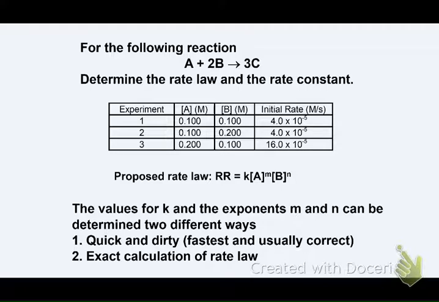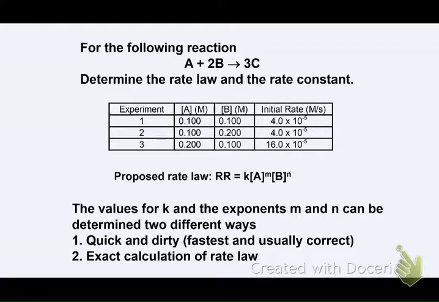So what that's telling me is that B doesn't matter. The order for B is 0. Does that make sense? We're going to go through it step by step. But if B's changing and the initial rate isn't changing, then the concentration of B doesn't matter. So I know there is no B in my rate law.